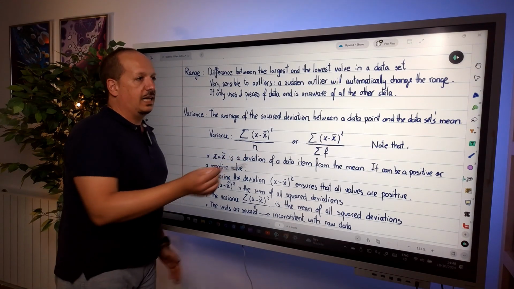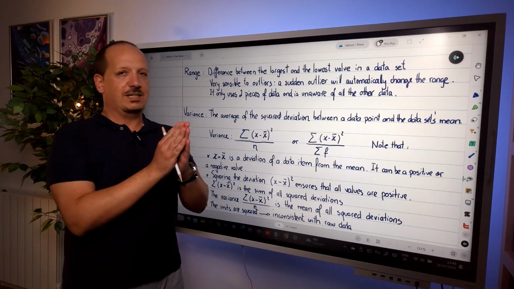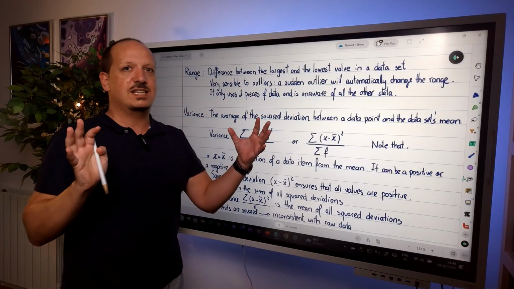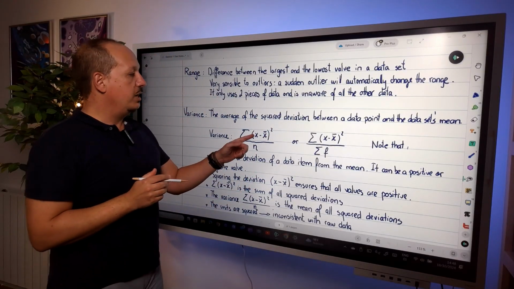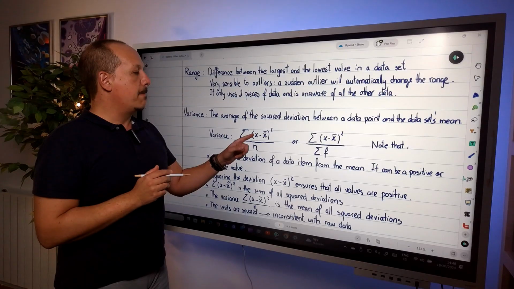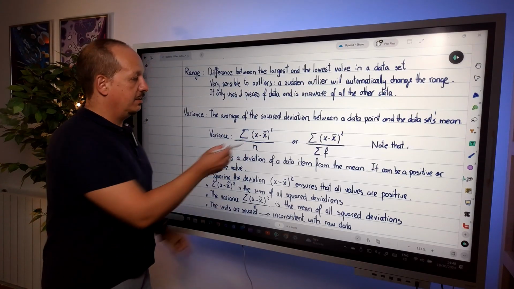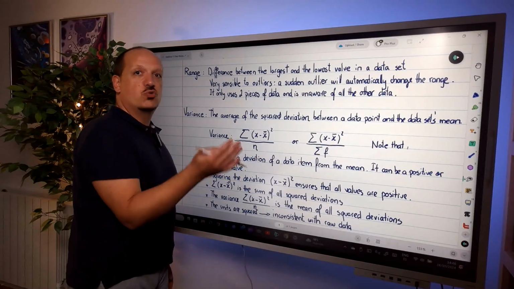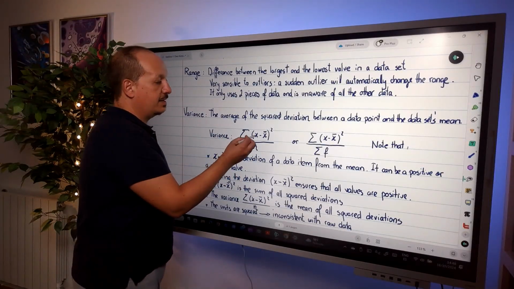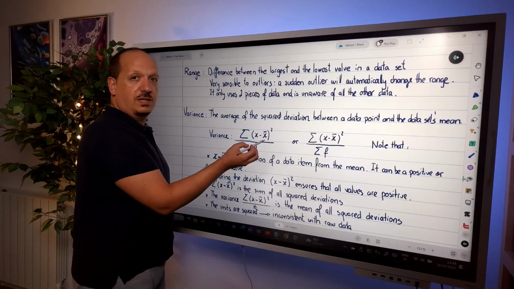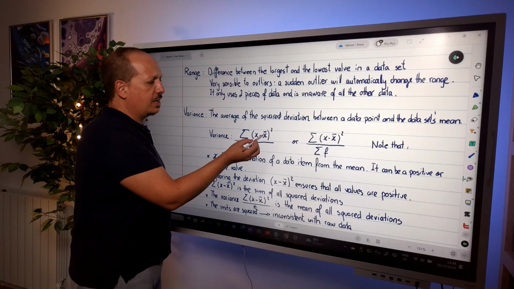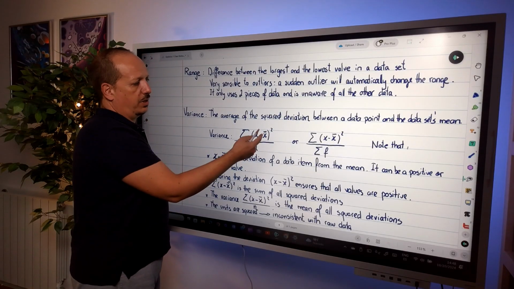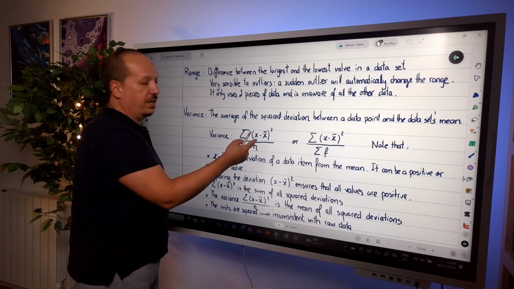The mean lies, as the name suggests, right in the middle of the values; it is the average of the values. So if an individual value is bigger than the mean, this is going to be a positive number. If an individual value is smaller than the mean, then this is going to be a negative number. What happens if you start adding all these deviations, without the square?